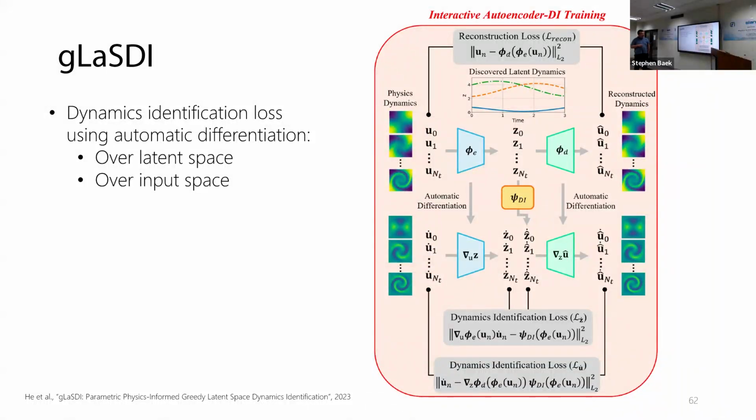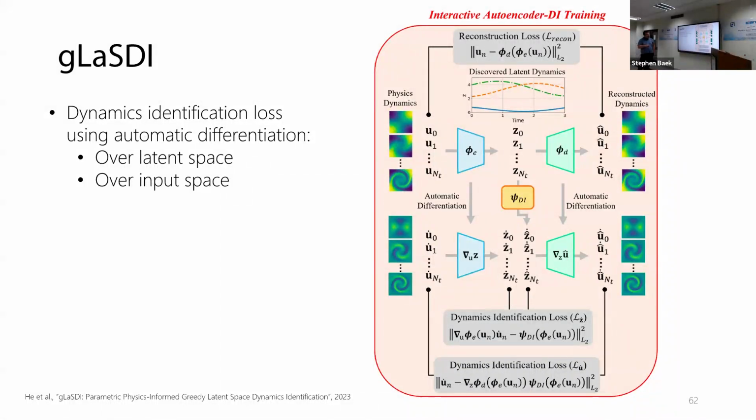But then they introduce automatic differentiation. This is something that we saw in the PINN lecture. The automatic differentiation of the encoder is going to be the Jacobian of the encoder, and that Jacobian of the encoder is going to take the velocity of the dynamics.